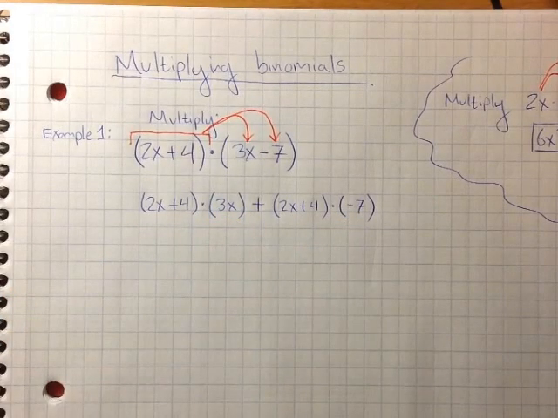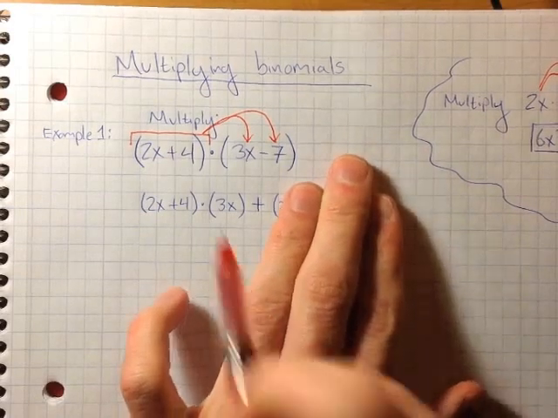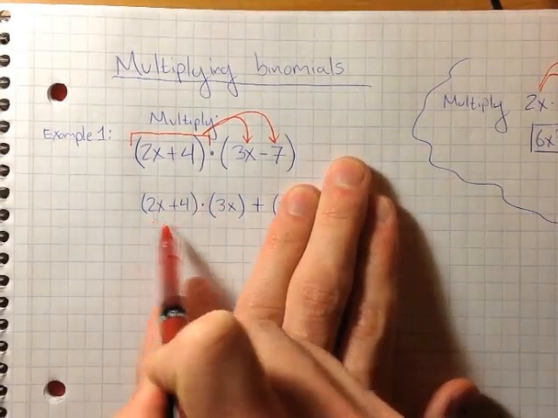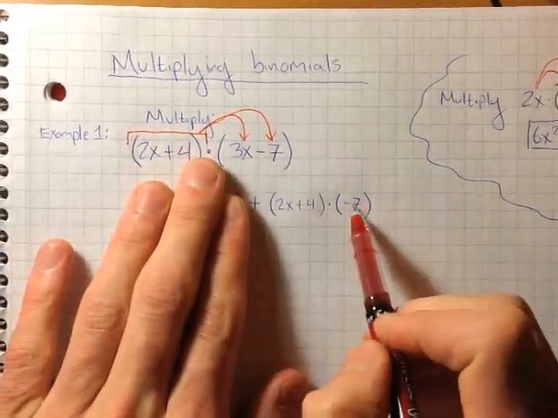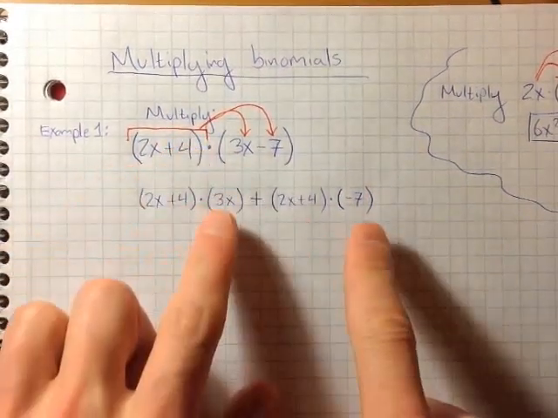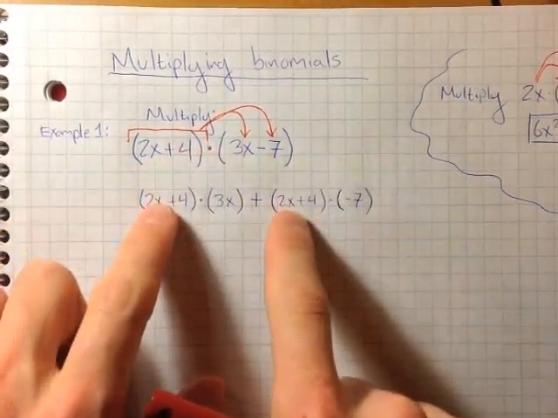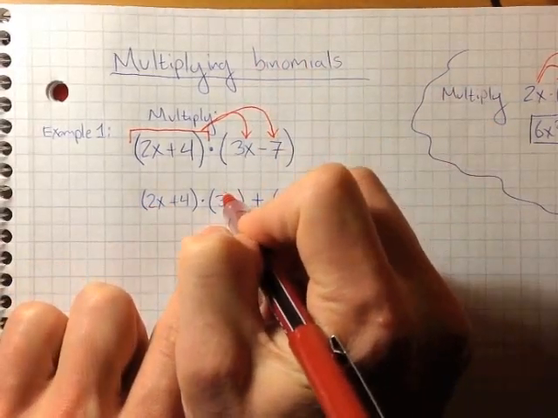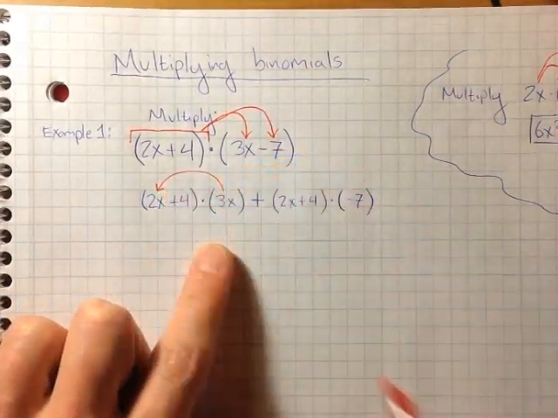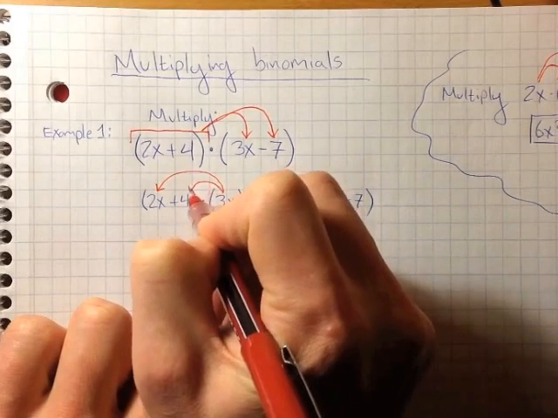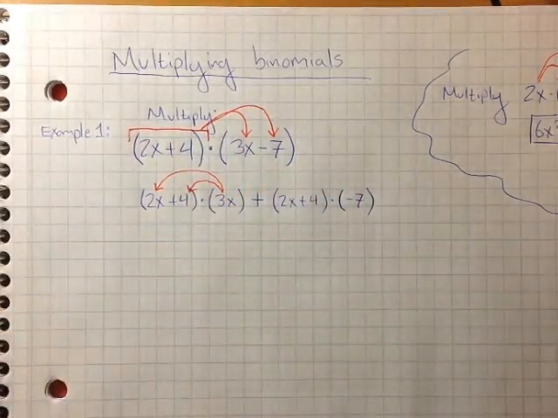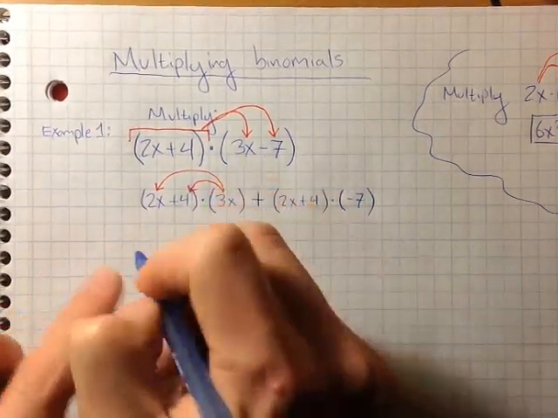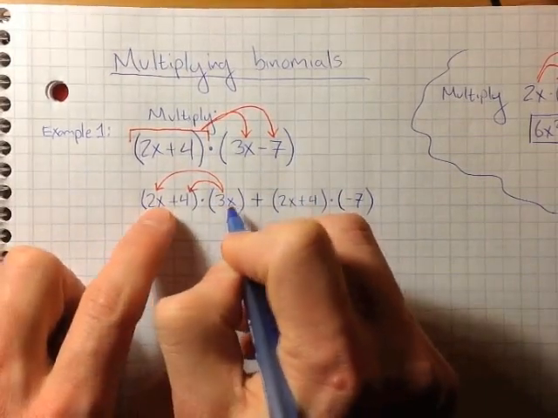Now, after we do that, we distribute again. Okay? We have a thing multiplying something inside of parentheses, a thing multiplying something inside of parentheses. So in each of these cases, we're going to distribute. So 3x gets distributed into the parentheses that it's attached to. So this would make 2 times 3 is 6, x and x is x squared.